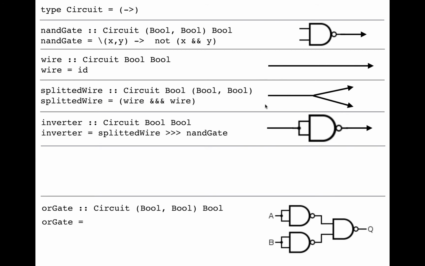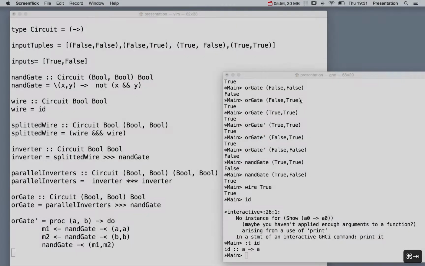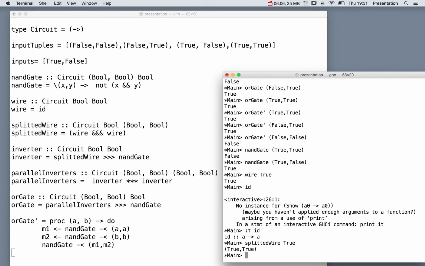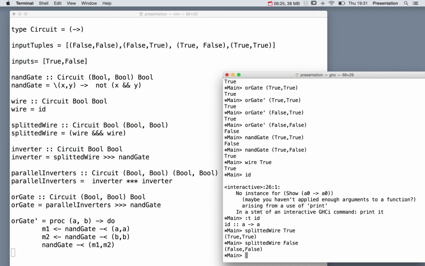But let's see first what this splitted wire does. A splitted wire takes a boolean and basically doubles the input. It just splits the input and sends the same to both of the outputs. So it just has the same signal on both outputs.